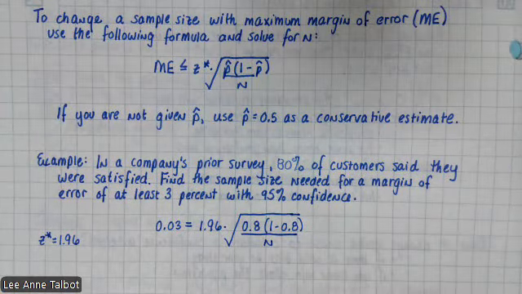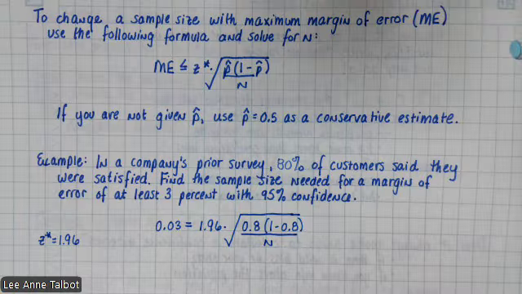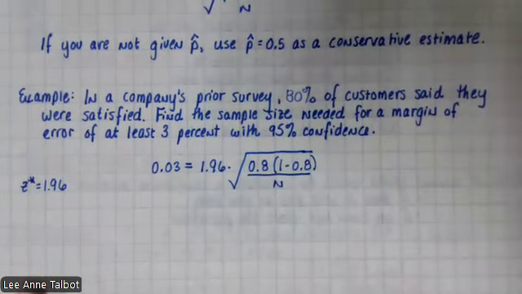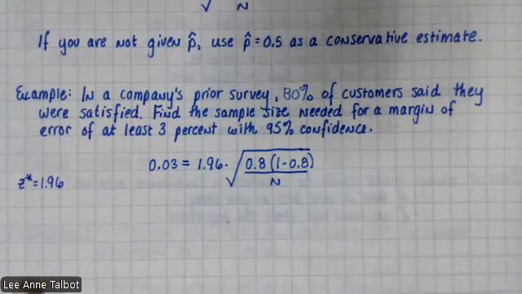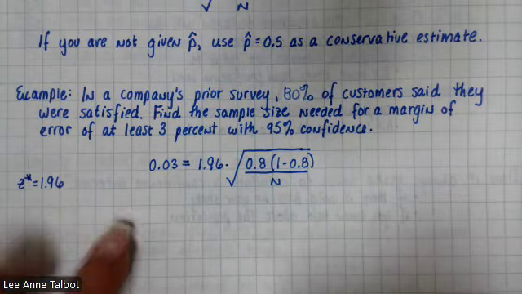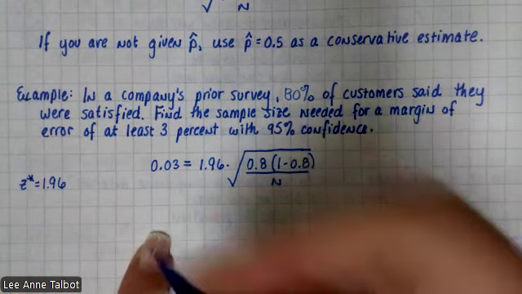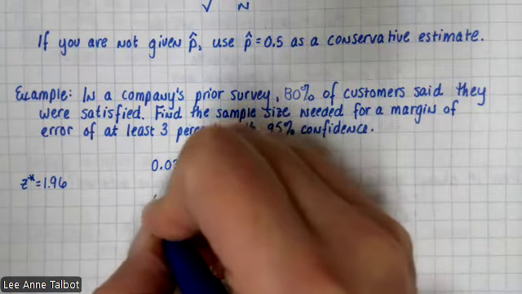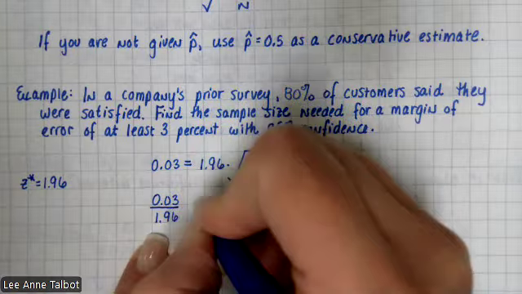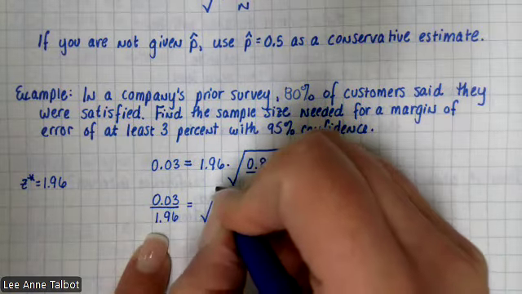Does everybody see where I put all of the parts? Okay, now we need to talk about order of operations. Okay, so first thing you want to do is divide both sides by 1.96. To make this look nicer, what I'm going to do is I'm going to say 0.03 divided by 1.96 equals.